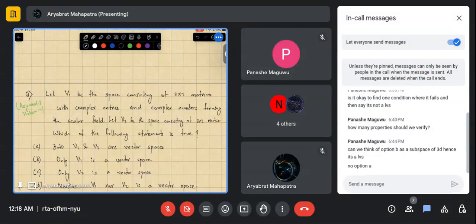It's similar to V1, but this is a bit different.